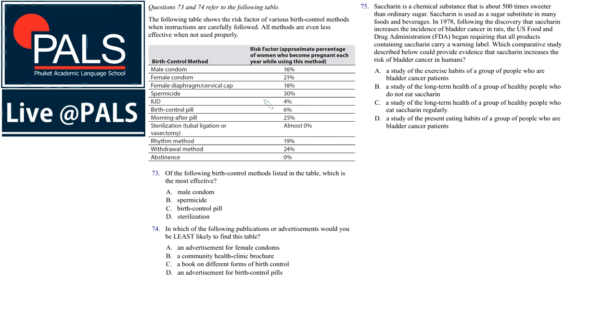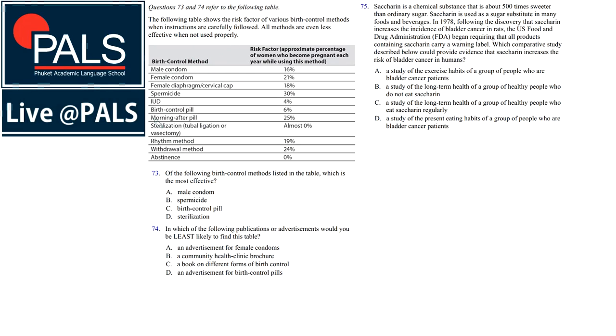So, the following table shows the risk factors of various birth control methods when instructions are carefully followed. All methods are even less effective when not used properly.